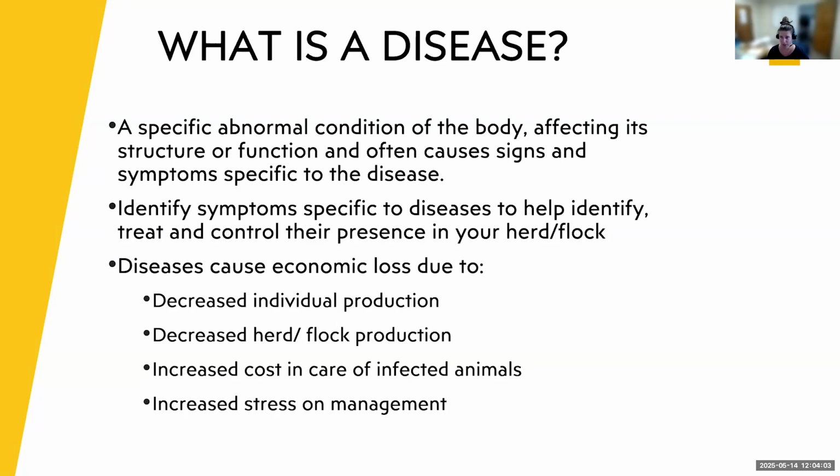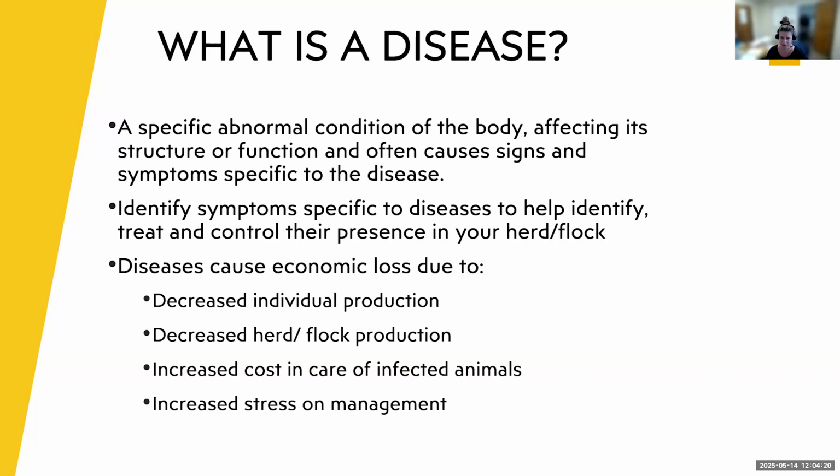Depending how widespread it is in your herd, it can also decrease the overall production, right? So if you have a really bad outbreak of one of these, that could lead to having to cull a high percentage of your herd, which could cause economic losses as well.